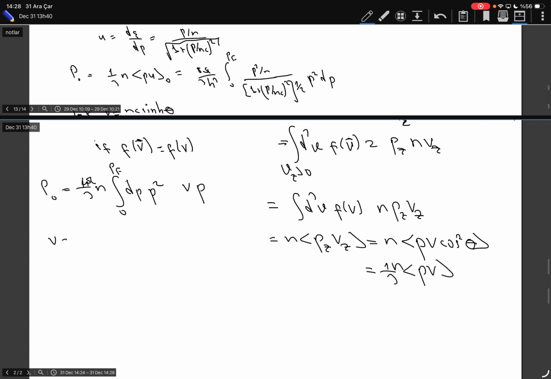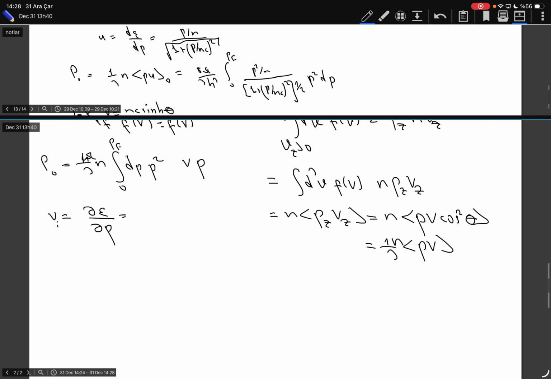The velocity is the derivative of energy with respect to momentum. Remember Hamilton's equations of motion. Q dot is the derivative of the Hamiltonian with respect to momentum. Q dot is what we call the velocity. And energy of these particles, of course, this is for the ith component.